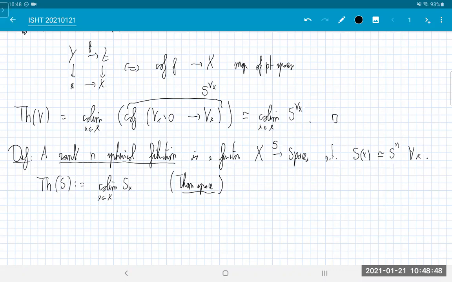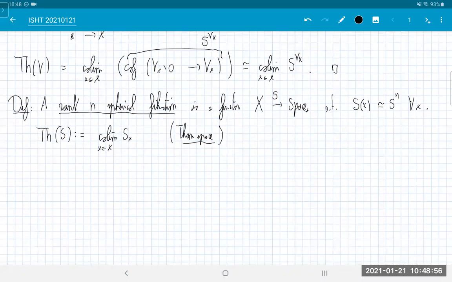But we're going to generalize it further. However, before I generalize further, let me give you an example that's interesting, at least of these gadgets, because I'm talking about vector bundles because secretly I'm thinking of smooth manifolds. But these rank n spherical fibrations are useful because they allow you to talk also about topological manifolds without having to worry about linearizing.